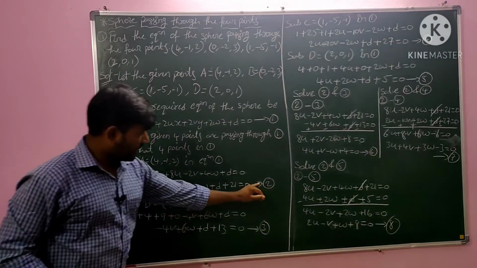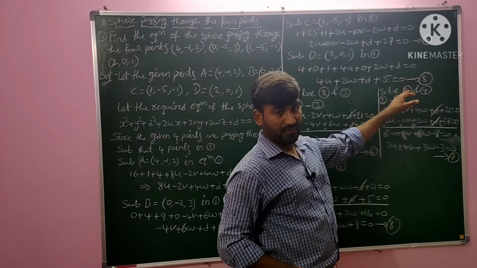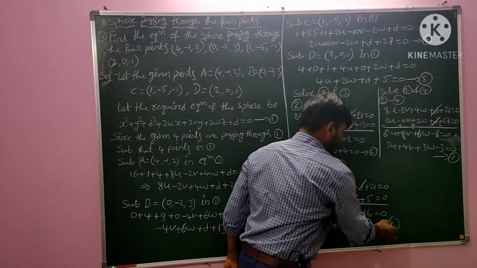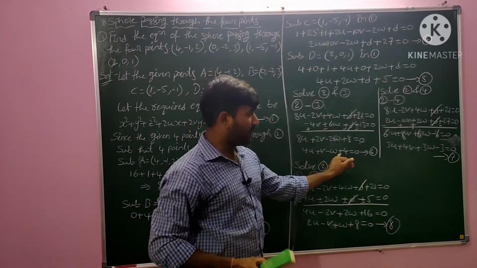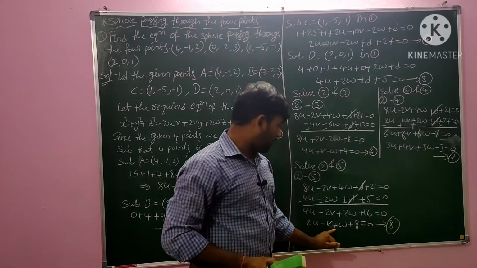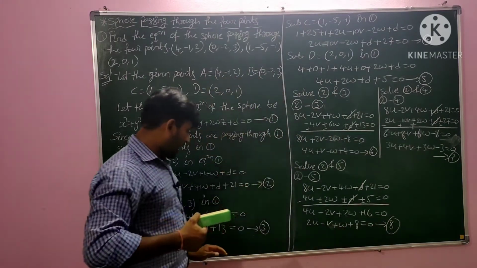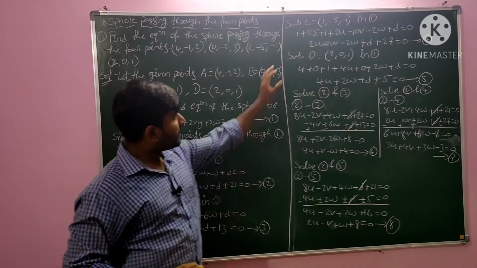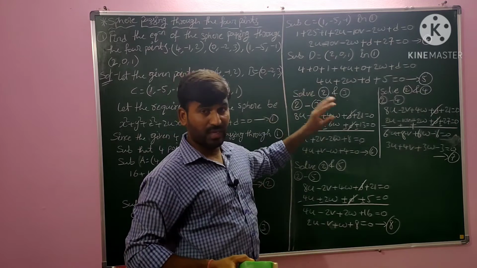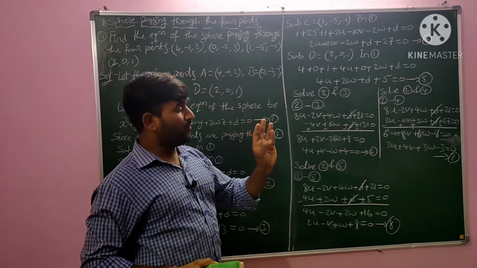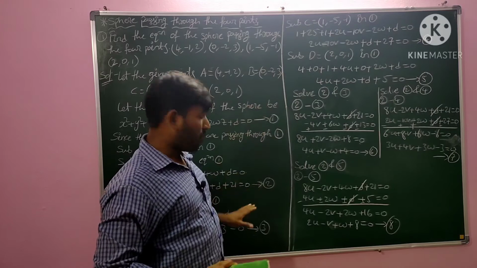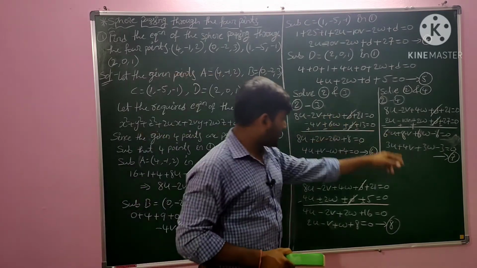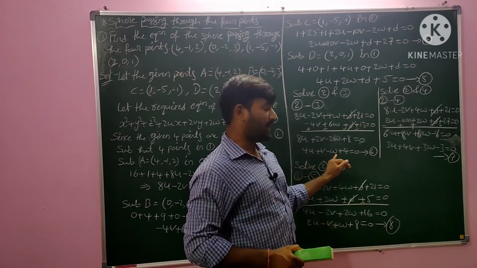By solving the second, third, fourth and fifth equations, which have the 4 terms u, v, w and d, and cancelling the d term, we are getting 3 equations in terms of u, v, w.